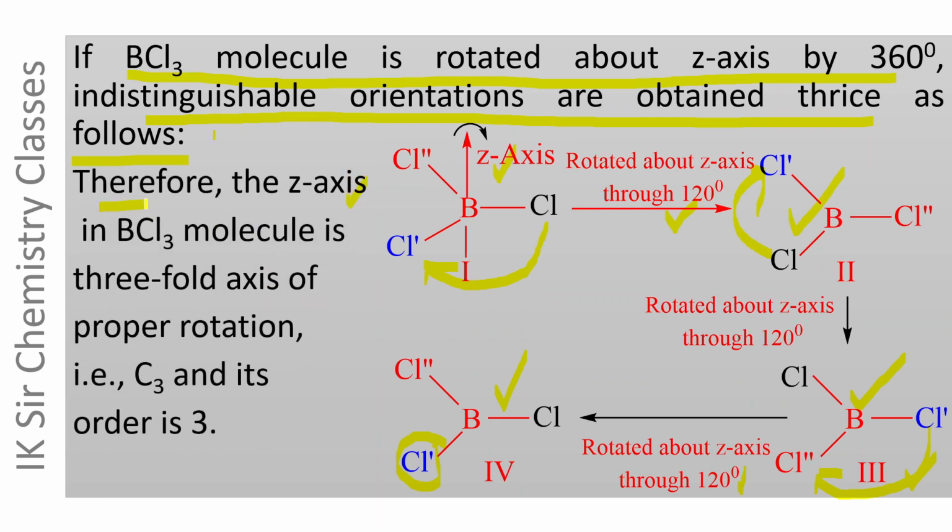Therefore the Z axis in BCl3 molecule is threefold axis of proper rotation, that is C3, and its order is 3. According to both the definitions, the order of Z-axis in BCl3 molecule is 3. It is threefold axis of proper rotation, or C3.